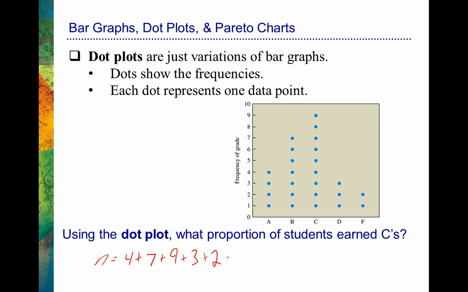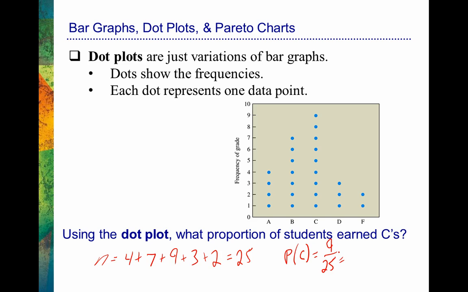All right, so overall, that's the same calculation we had before. That's 11, 20, 25. So 25 people overall. What proportion earned Cs? The proportion or probability regarding people earning Cs is equal to the number of people who earned Cs, 1, 2, 3, 4, 5, 6, 7, 8, 9, relative to everybody, 25, the number of people overall.